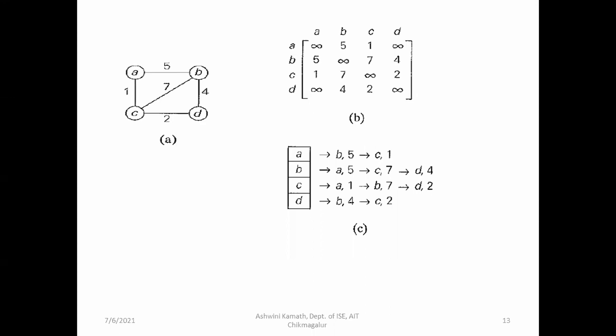A to B is 5, A to C is 1. B to A is 5, B to C is 7, and B to D is 4. So for each vertex, whatever connections we have from it will be specified in the linked list. So this is the cost adjacency list.